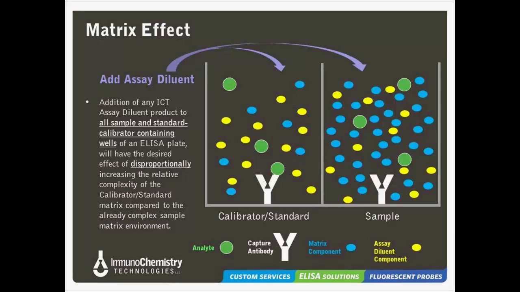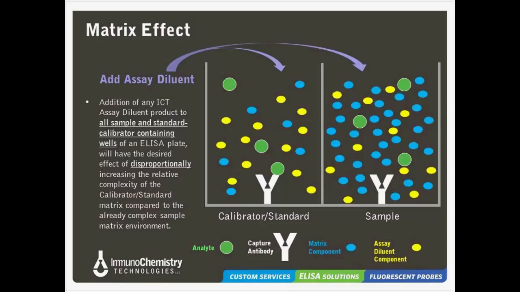So the net effect is that it brings the binding affinity of the capture antibody on the left side down to the level of the way the poor capture antibody has to work in the serum sample on the right. So you don't underreport as much. Eventually, you try to match these up so that when you put in 50 picograms into your sample and you read it off your standard curve, you read somewhere between 45 and 55 picograms per mil off your standard curve, and not like 20 or something like that.